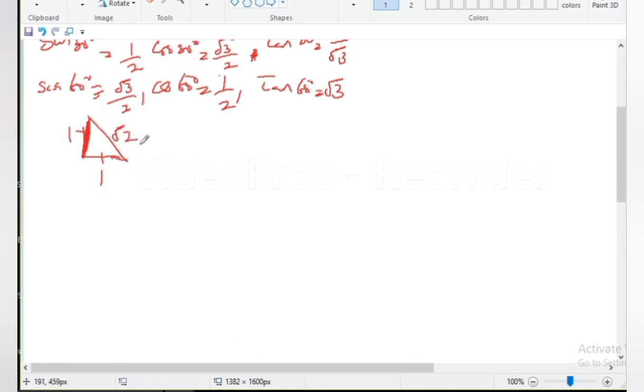If you use Pythagoras theorem, the hypotenuse will be root 2. The angles: since one is 90, the others will be 45 degrees. So sine 45 degrees is opposite over hypotenuse, cos 45 degrees is adjacent over hypotenuse, and tan 45 degrees is 1 over 1, which is equal to 1.